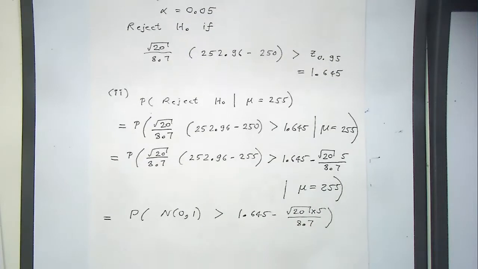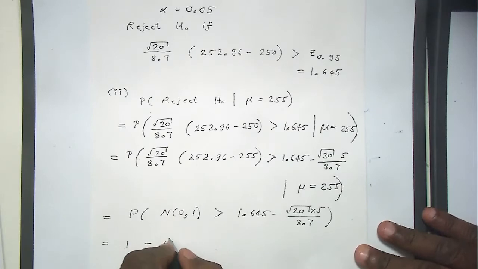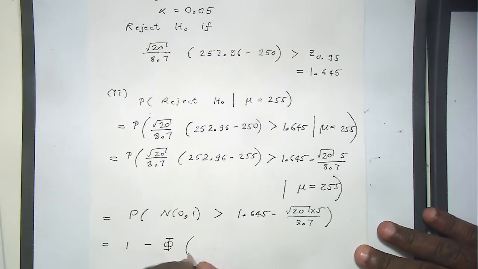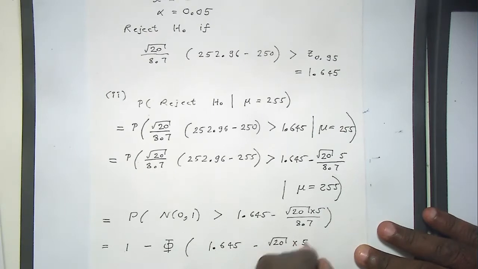So the answer to question 4 is 1 minus the probability of 1.645 minus square root of 20 multiplied by 5 divided by 8.7.